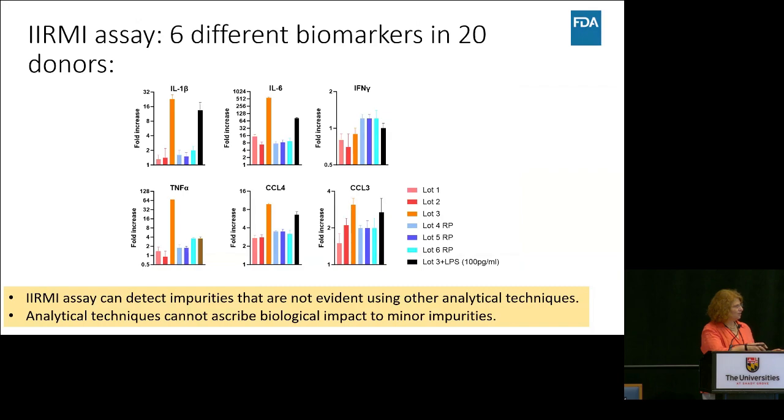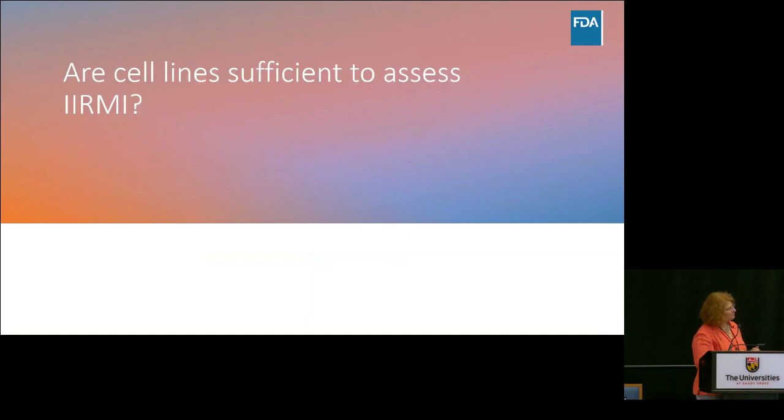The new lots, all of a sudden you have a signal and some disparities. So the RMI assay can detect impurities that are not in evidence using another analytical technique. Also, analytical techniques can discover impurities and not know what to do with them. You have a minor peak, and you don't know what that means from a biological standpoint. That makes the RMI assay a very useful tool for us.